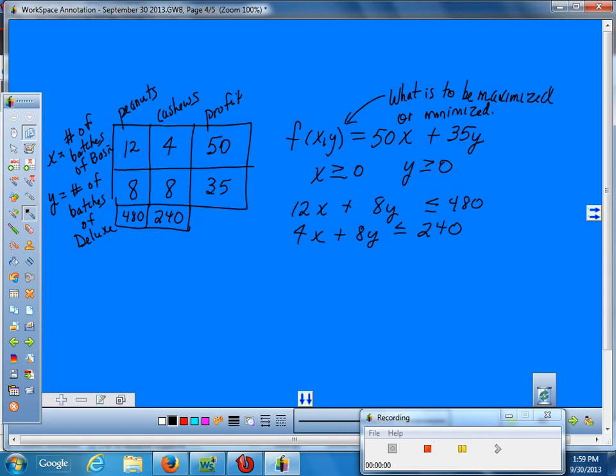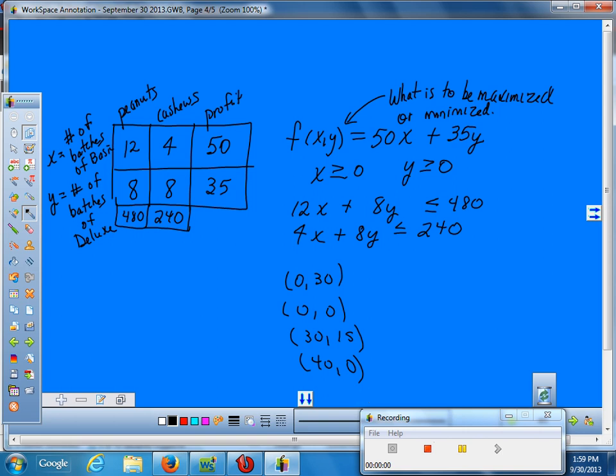But in case you are wondering, we get the following coordinates if you work this one: (0, 30), (0, 0), (30, 15), and (40, 0). Those are the vertices that result when you actually work this one.